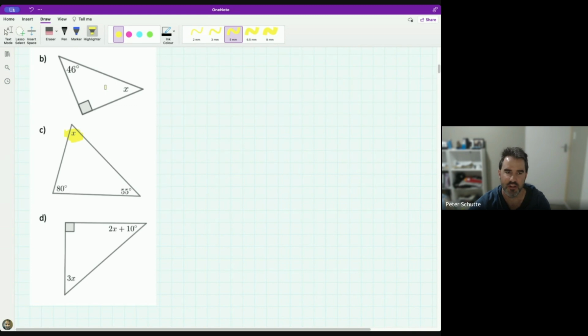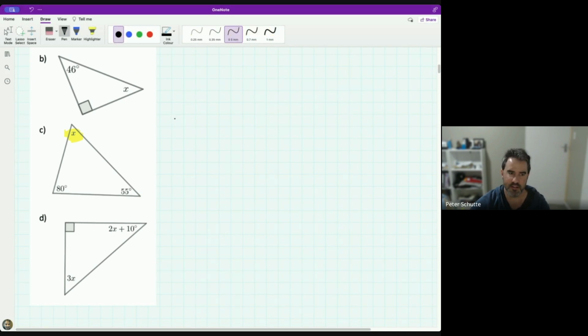Can you write out what is X and what is the reason we use?